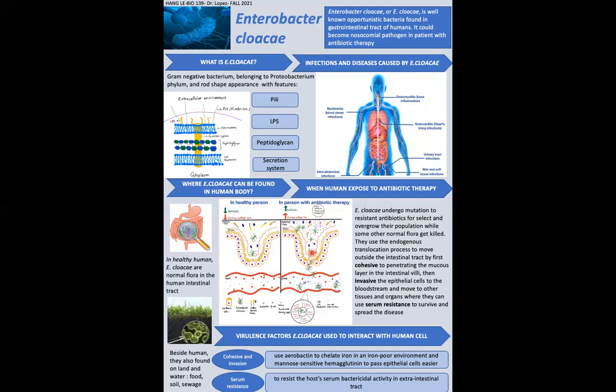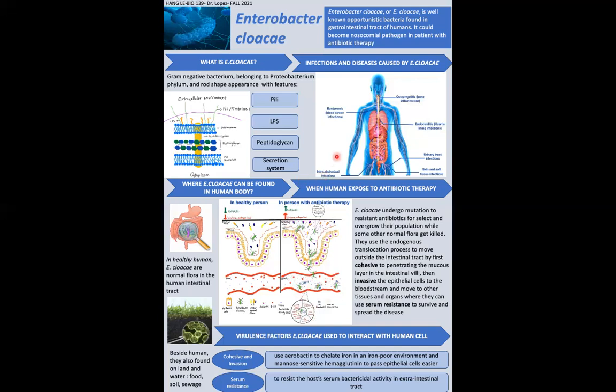First, they will adhere to and penetrate the mucus layer, as you see. And then they will invade the epithelial cell to the bloodstream. And as you see in here, once in the bloodstream, they will yield serum resistance to survive, and go to all the organs to spread the disease.